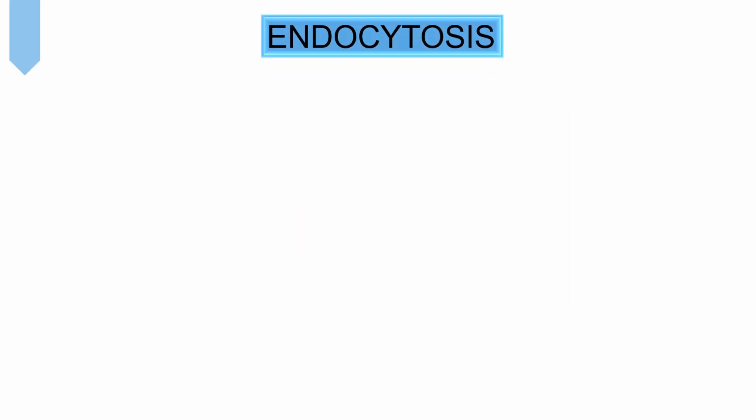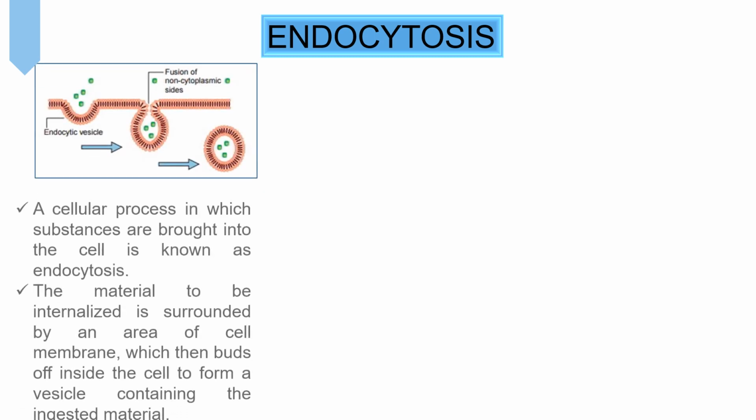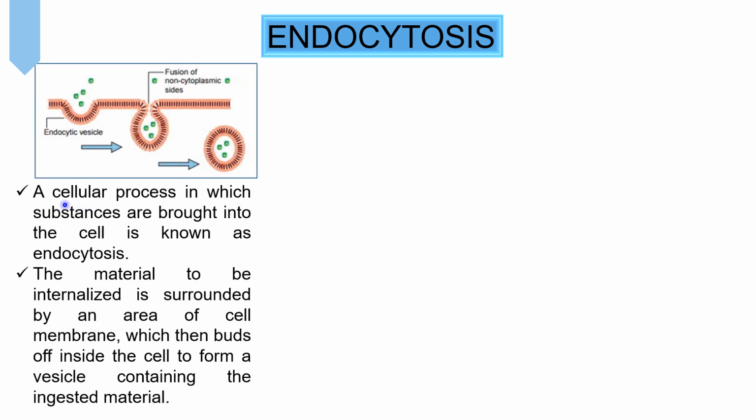The second type of vesicular transport is endocytosis. Endocytosis is the cellular process in which substances are transported into the cell. The material to be internalized is surrounded by an area of the cell membrane, which then buds off inside the cell to form a vesicle containing the ingested material.